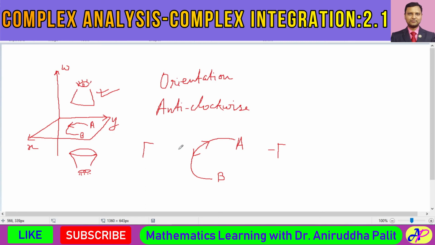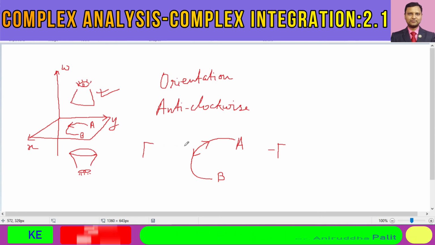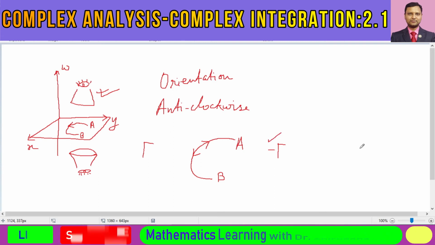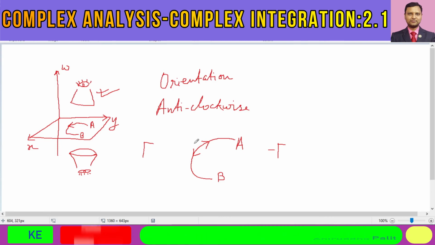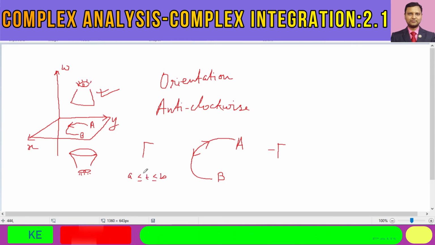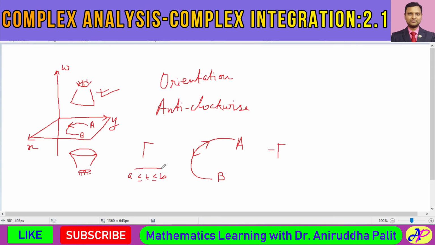Okay, so plus gamma or simply gamma, or negative of gamma, may refer to a single curve depending upon the orientation. In this curve, suppose t would increase from A to B, A less than or equal to t less than or equal to B. So t will increase from A to B. That is the direction of t.